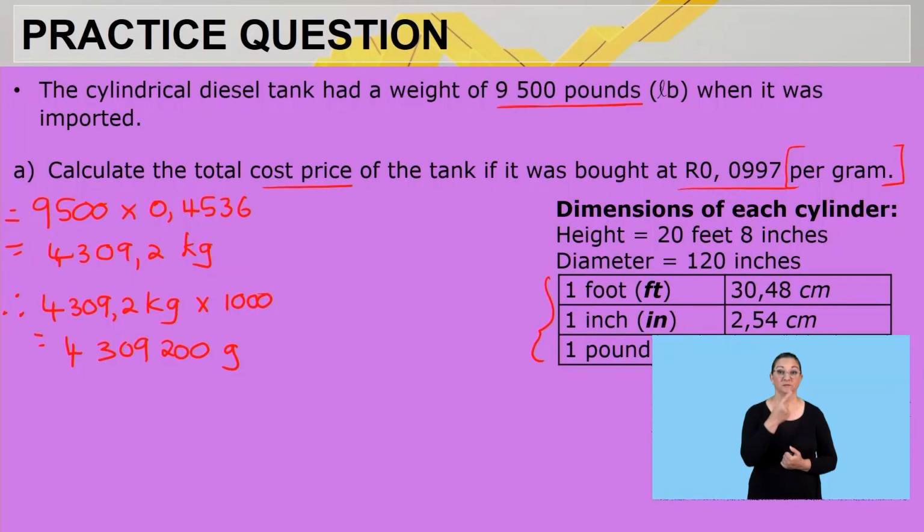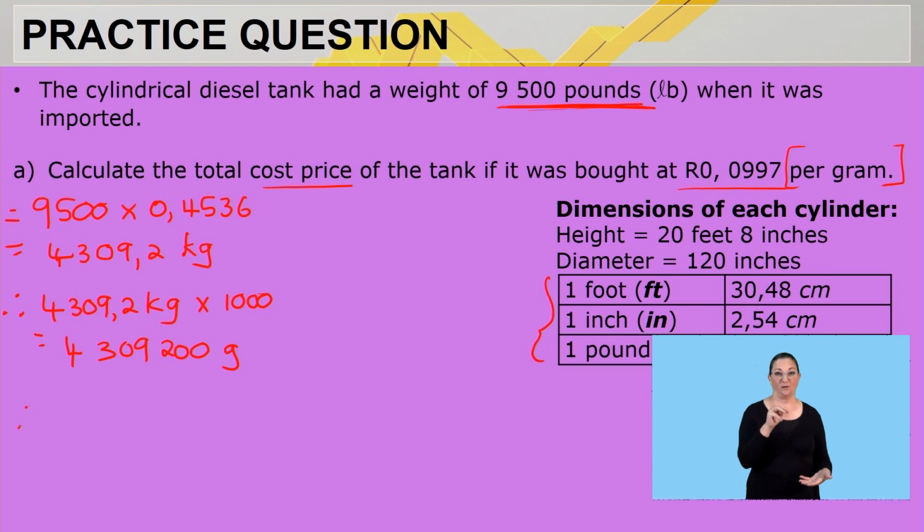Guys, are we fine? Remember, the question says, calculate the total cost price of the tank if it was bought at 0,0997 Rand per gram. So I now have the weight of this tanker in grams.